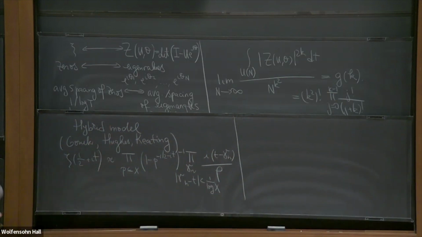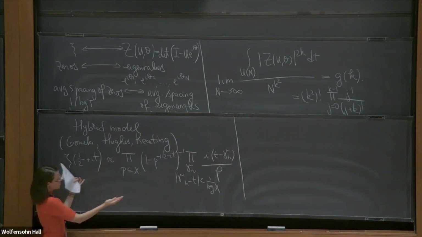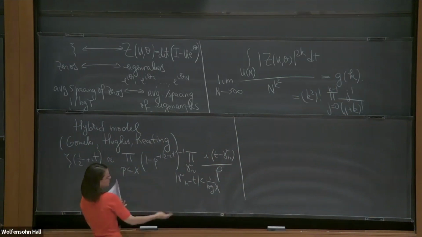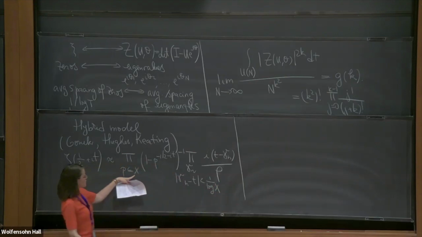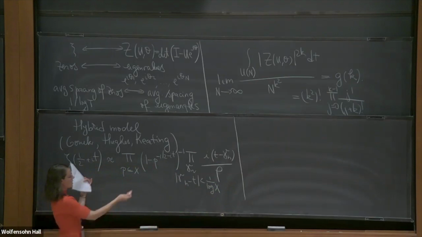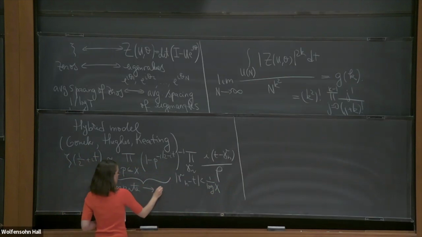And then they have this kind of independence splitting conjecture. If you're looking at the 2kth moment of this, it should be the 2kth moment of the product over the primes times the 2kth moment of the product over the zeros. Now, if you choose x suitably, then you can actually compute 2kth moments of the product over the primes. So this you can compute, and it will give you the AK factor.